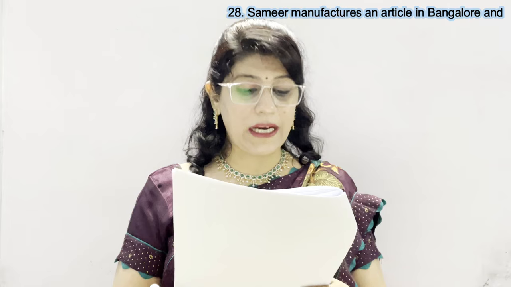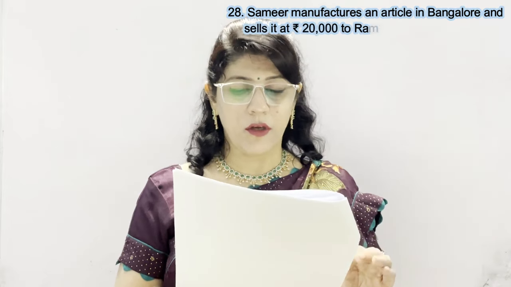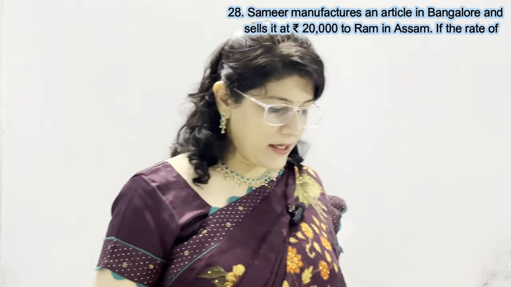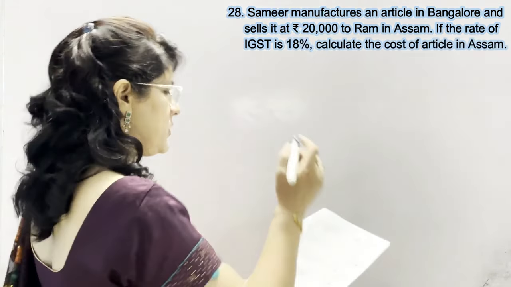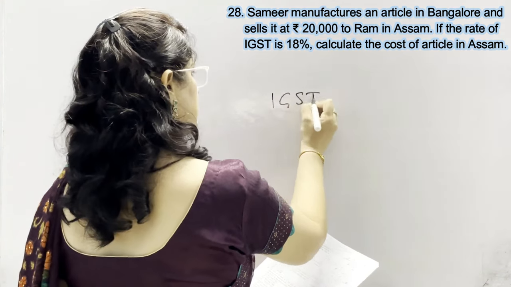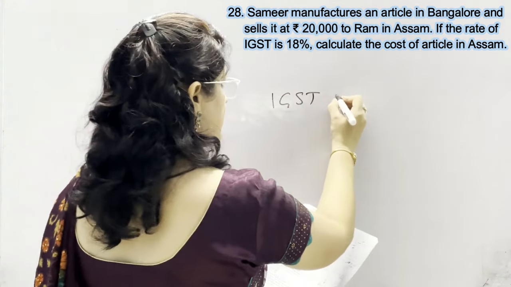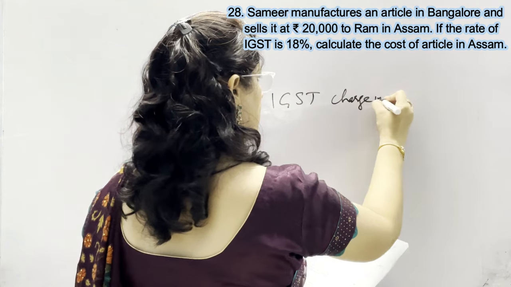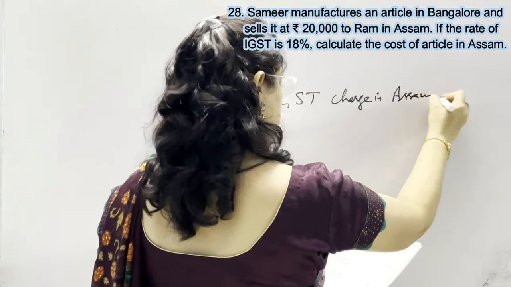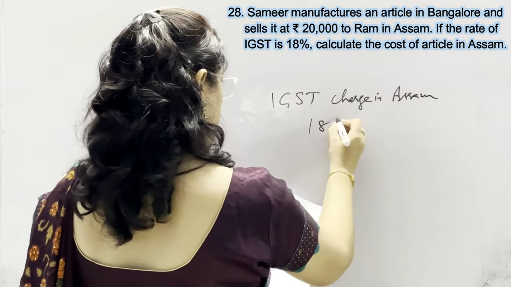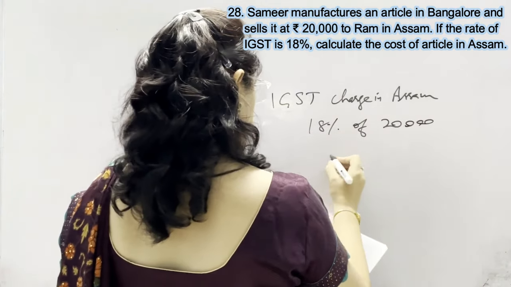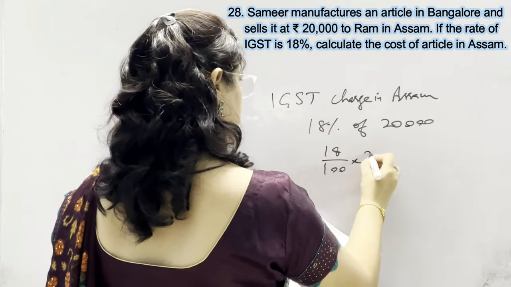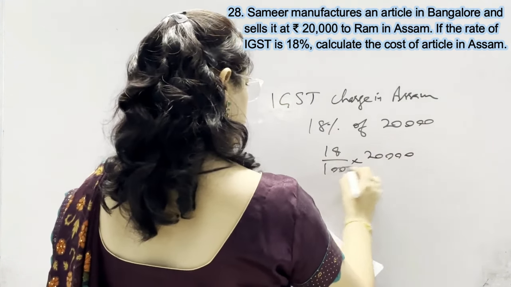In question number 28, Sameer manufactures an article in Bangalore and sells it at rupees 20,000 to Ram in Assam. If the rate of IGST is 18%, calculate the cost of article in Assam. IGST charge in Assam is 18% of the value given as 20,000. So 18 upon 100 into 20,000.